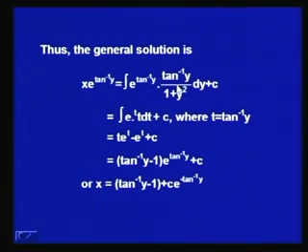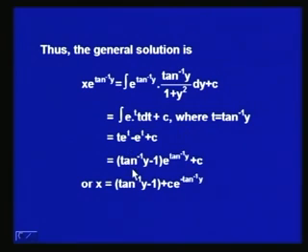Now, let us take tan inverse y equal to t here, then we will note that 1 over 1 plus y square dy is equal to dt, and so the integral on the right hand side will reduce to integral of e to the power t into t dt plus c, and the integral of t into e to the power t by integration by parts will come out to be t into e to the power t minus e to the power t plus c, and let us now put the value of t, that is tan inverse y.